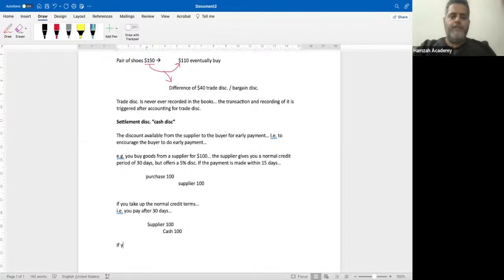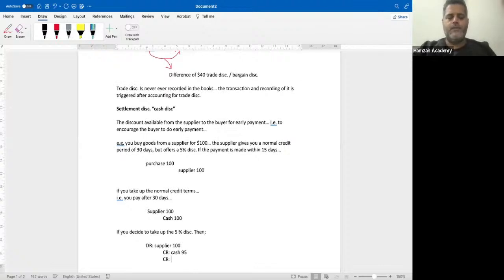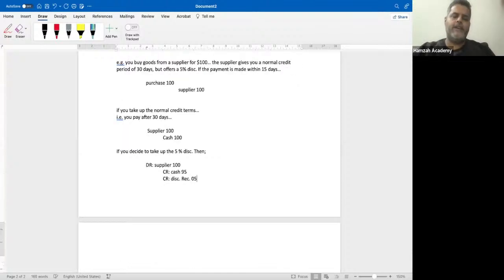But if you decide to take up the 5% discount, then you are going to debit the supplier 100, you are going to credit the cash with 95, and you are going to credit the discount received of 5.